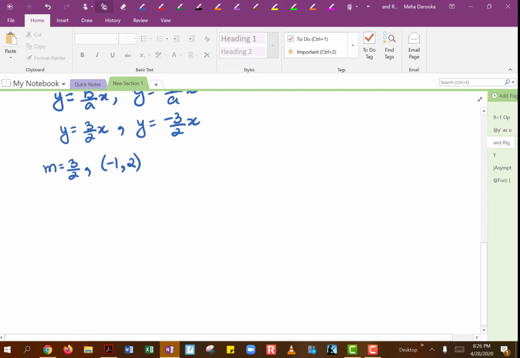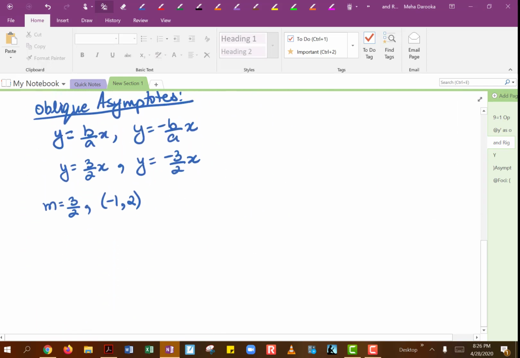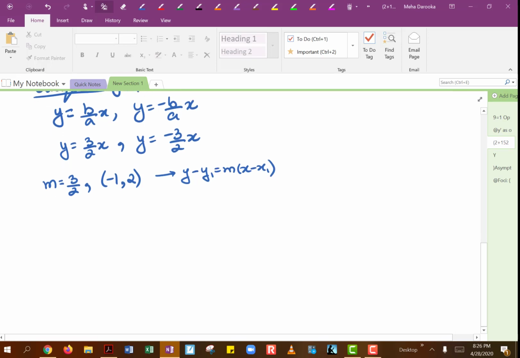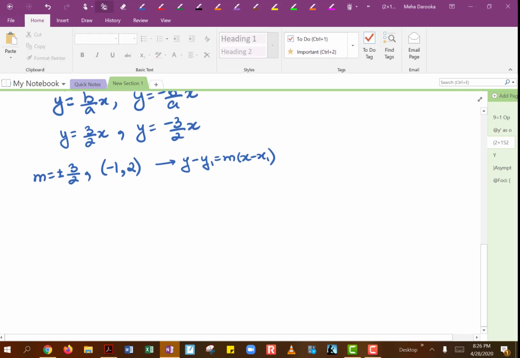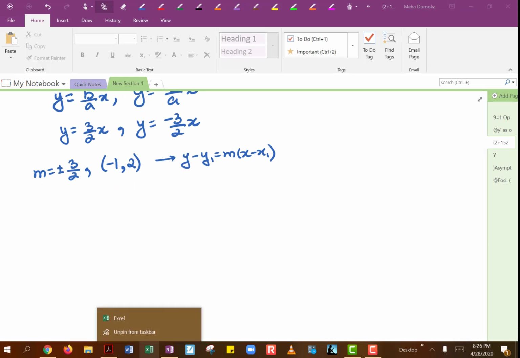So remember, your point slope form of the equation is y minus y1 equals m times (x minus x1). So we'll need to use that for both our positive and negative slopes. One's positive and one's negative. This will be our point x1, y1. Let's start with the positive slope first.